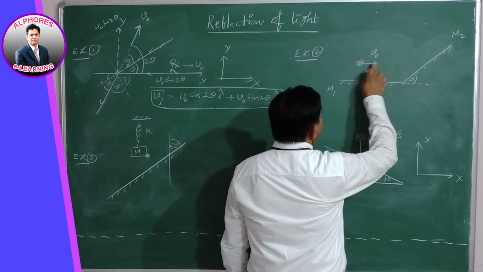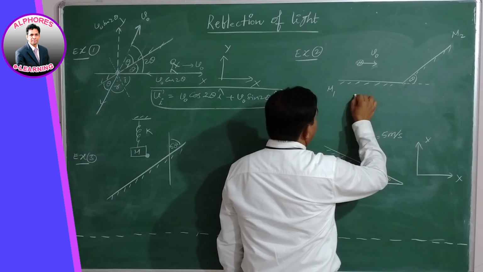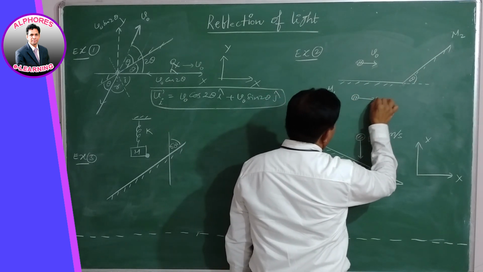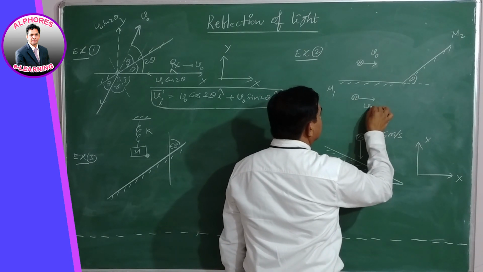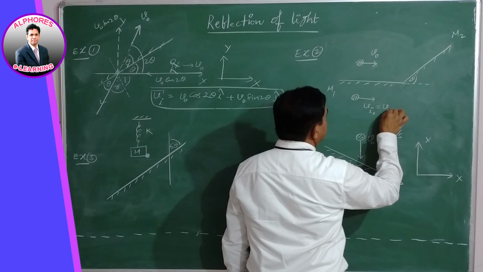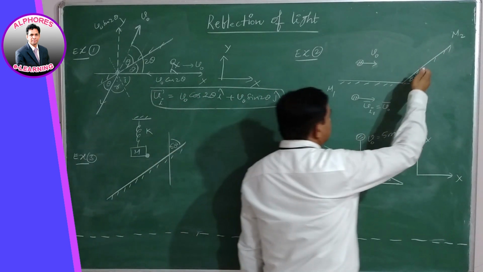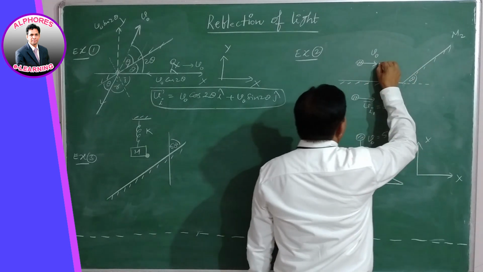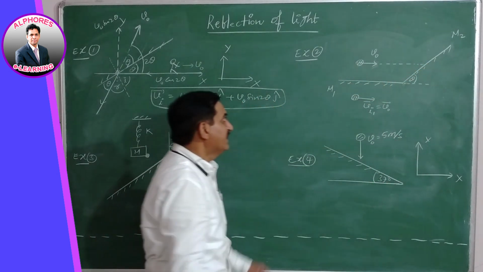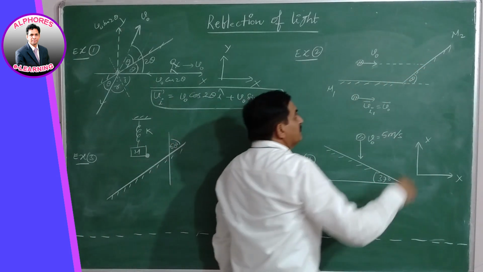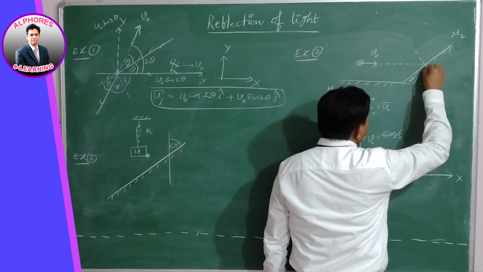Whenever an object is moving parallel to the plane of the mirror, its corresponding image will also have the same speed, V0 here. Of course, this V0 is the speed of the image in the first mirror. And similarly, what is the image in the second mirror? If we extend this light ray, suppose we imagine the light is coming from this object, incident on this plane mirror, a normal is drawn to this second mirror.